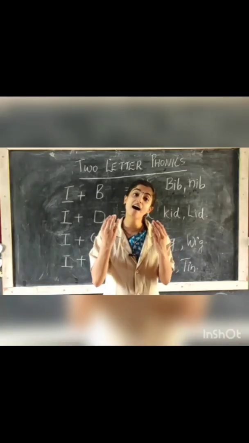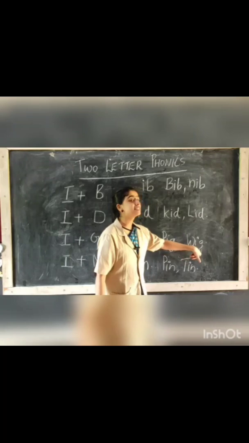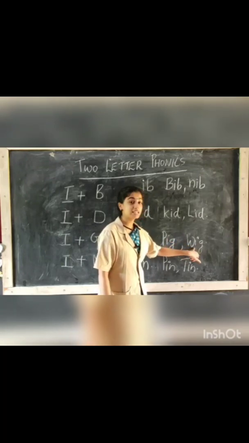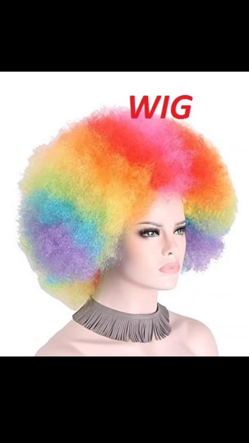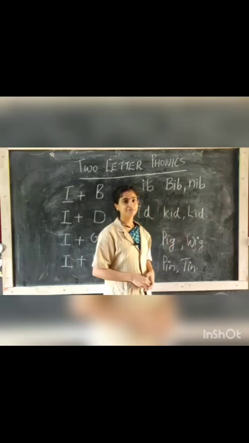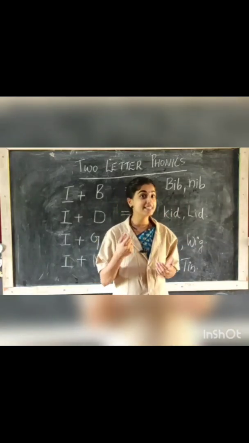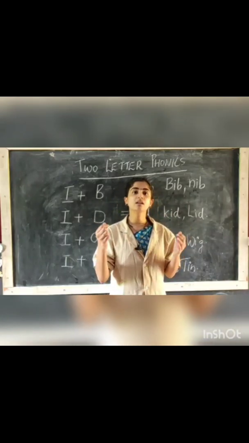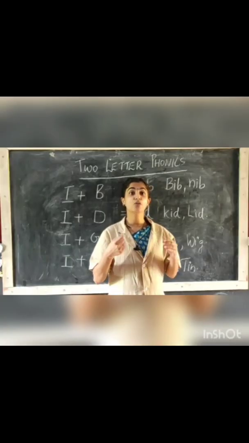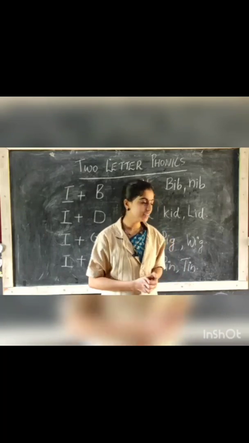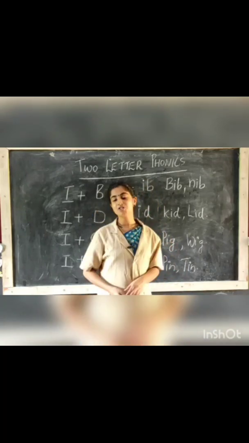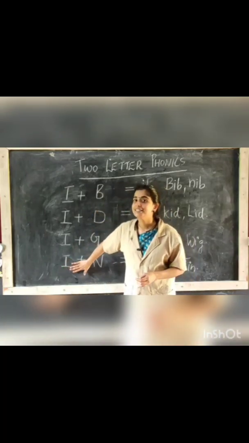The pig is hungry. Now, the second example, what is it? Wig. Now how to make it in a sentence? The wig is colorful. How to say? The wig is colorful.